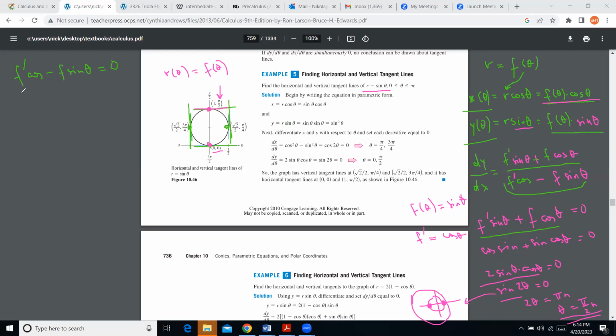And again, f prime was a cosine, so it'll be cosine times cosine. And function f itself was a sine, so it's a sine times sine. So it's cosine squared minus sine squared. Does that look familiar? That's the double angle, right?